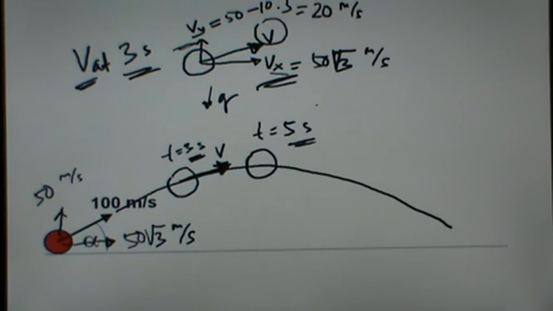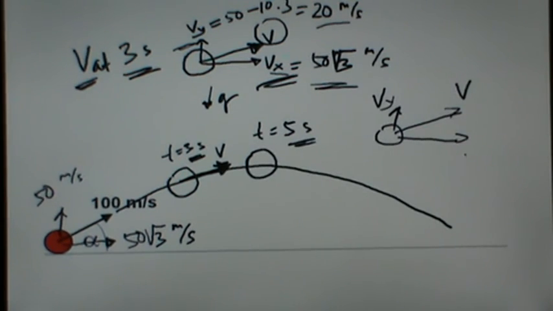Alright, now we have both components in the horizontal and vertical direction. So to find the total speed v here, we need to calculate the resultant of Vy and Vx.